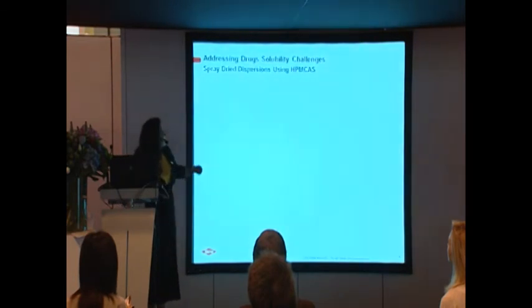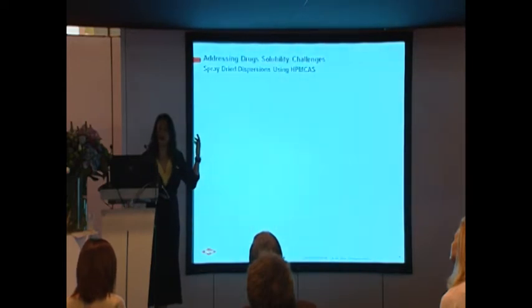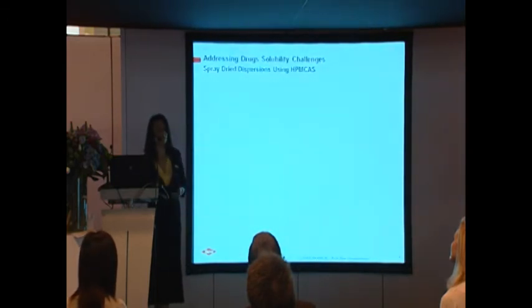Spray-dried dispersion is one of the best-known approaches or technologies to use in combination with a polymer and the API to increase the solubility of an API, yielding an increase in bioavailability.